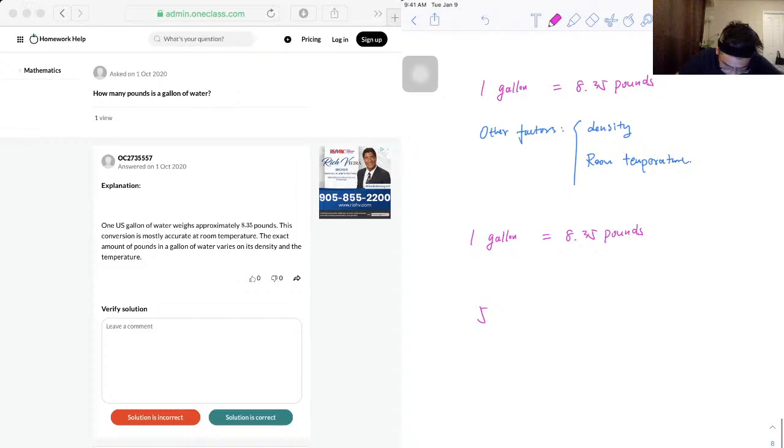And if we increase to 5 gallons, that means we need to multiply each side by 5, because that's 5 times bigger. So same thing on this side as well. We need to use 8.35 times 5 pounds, which is equal to 41.75 pounds.